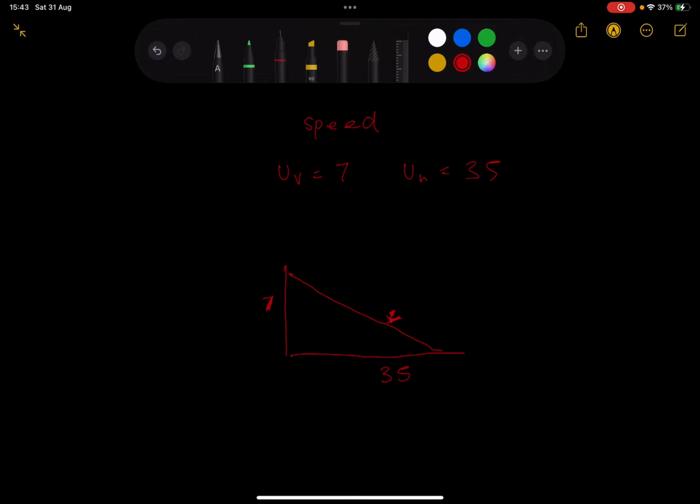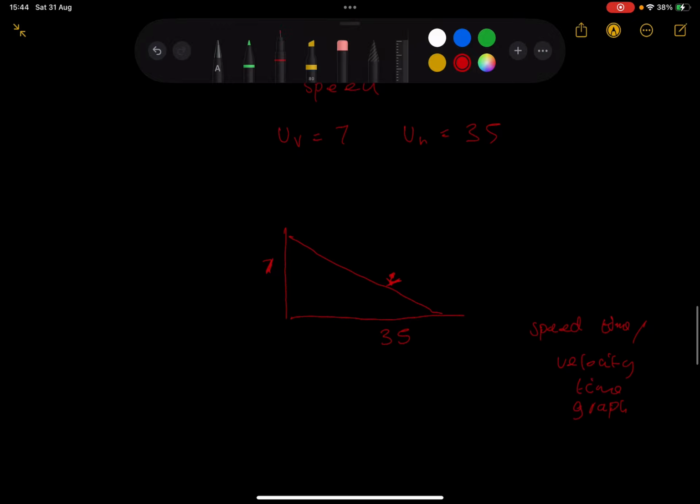And imagine this is like a velocity-time graph. And this is also a triangle.